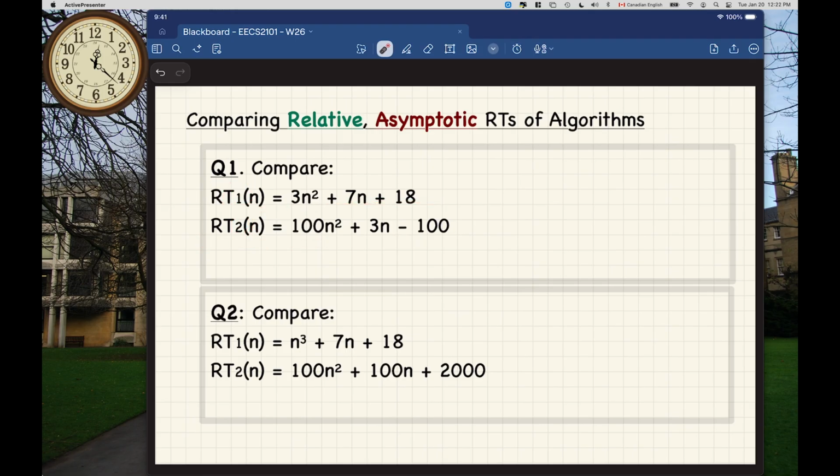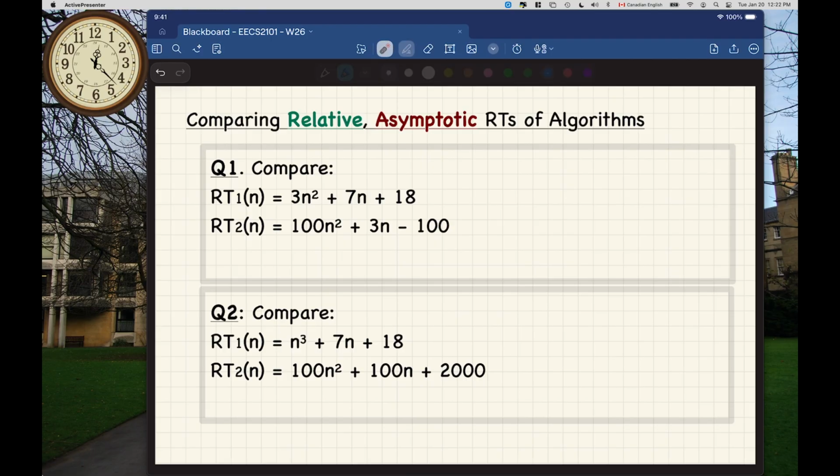Now we're asking asymptotically, meaning that assuming the input goes towards infinity, which algorithm has a better running time? If I didn't say asymptotically, you may have to plug in some numbers to figure out which one is doing better, say up to 100. But since we say asymptotically, things get a little simpler. You simply approximate using the principle we set before the break: identify the highest term, drop everything else. All right, let's try.